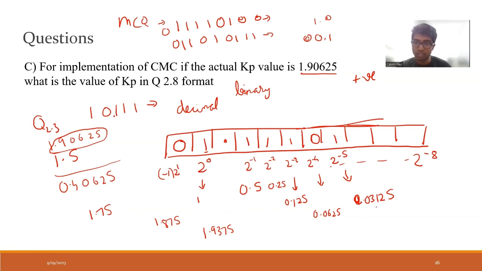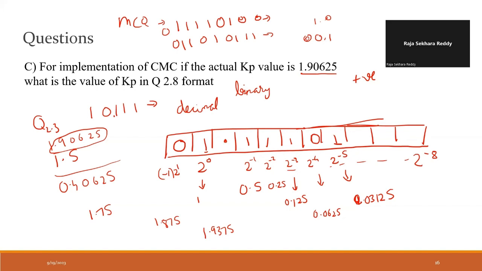So the resultant value which I will get is 0.03125 plus the earlier value.